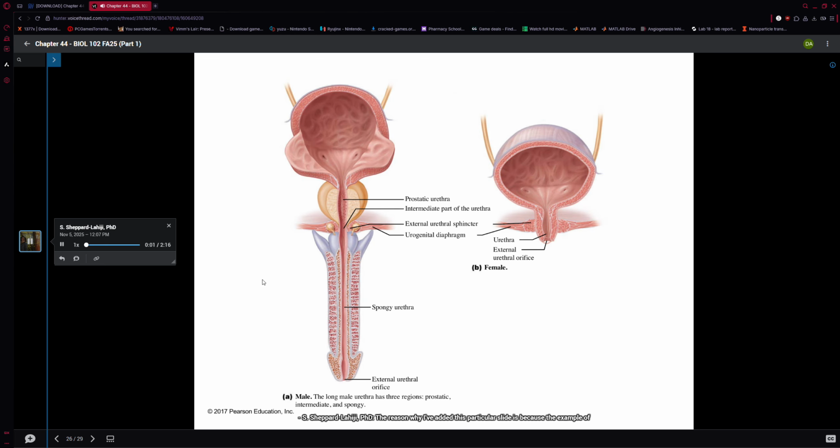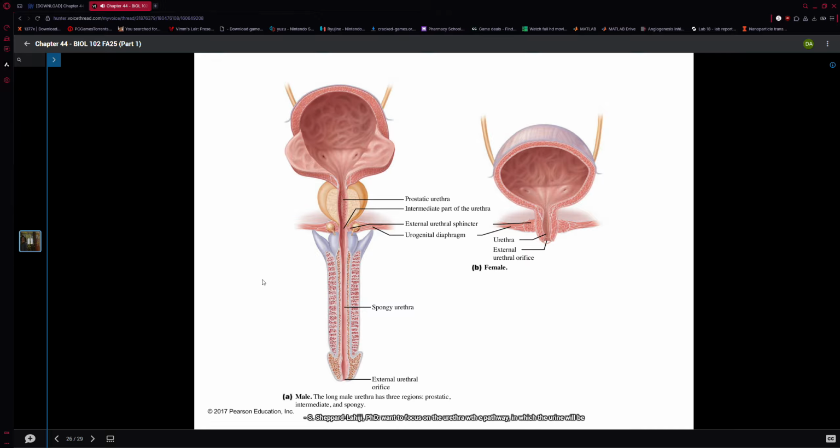The reason why I added this particular slide is because the example of the mammalian excretory system shown within the Campbell book focuses on the female excretory system. So I just wanted to give a sense of the differences between the male urinary tract and the female urinary tract. I'm not really going to go through morphology and form and function of the different components.